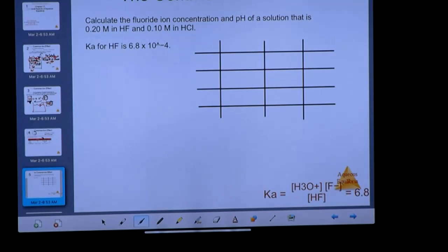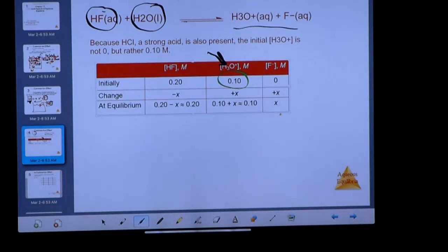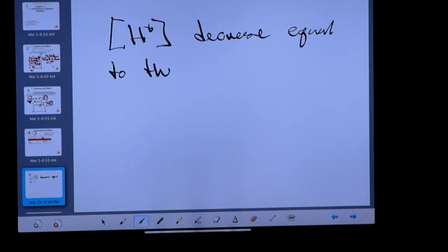So let's talk about what we're talking about in the previous slide. If I have that H plus, but I drop in F minus, chemistry says F minus will find H plus, right? So if you think about this, the concentration of H plus is going to decrease equal to the amount of F minus added.